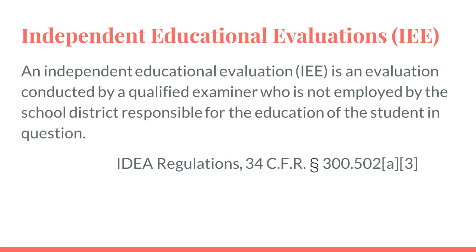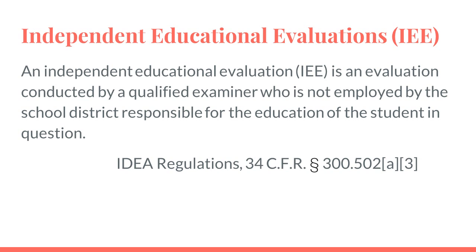So upon request of an independent educational evaluation, the school district can, one, provide that IEE at public expense. They're often given a list of evaluators to choose from, or they can choose their own.